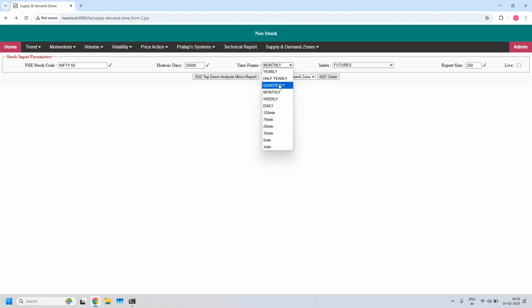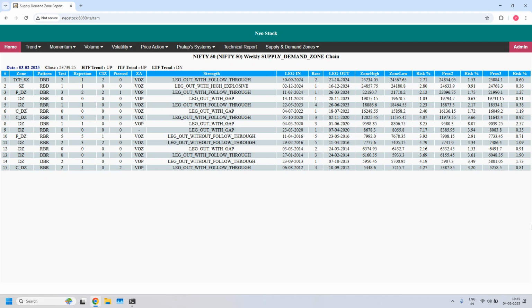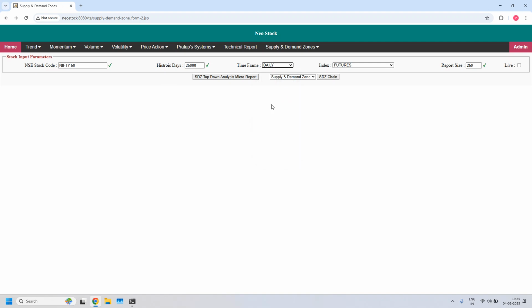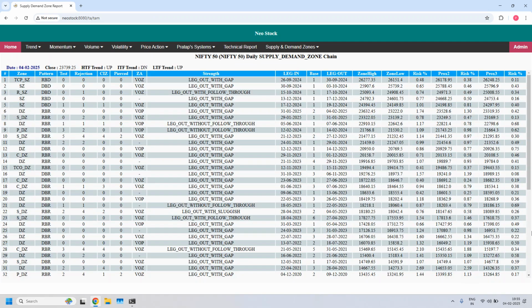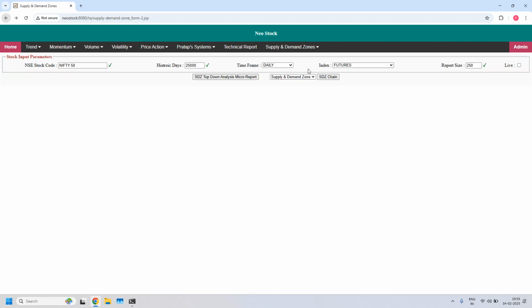Next, weekly supply demand zone chain for NIFTY. Next, daily supply demand zone chain for NIFTY. Next, 125 minute supply demand zone chain for NIFTY.